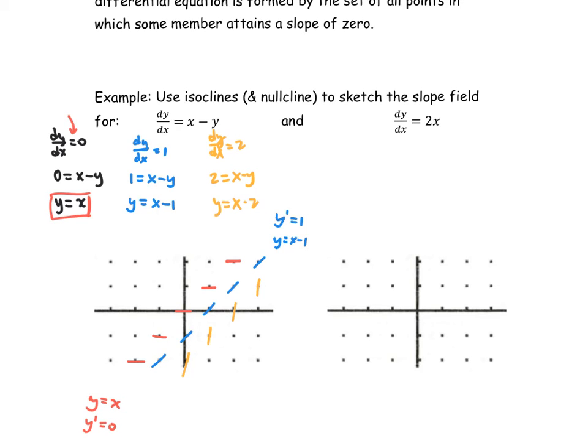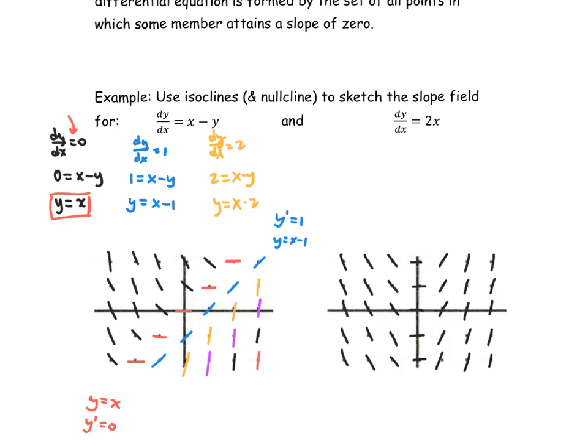Our next tier of derivatives would be dy dx equals 3, and then dy dx equals 4, and then dy dx equals 5. And we can go the same in the opposite direction. Okay, why don't you fill in the rest of both the slope field for dy dx equals x minus y and dy dx equals 2x.